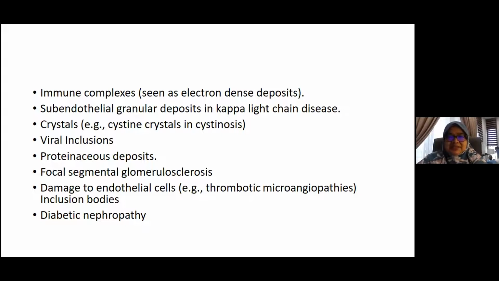We may just say there are some IgA deposits in, say, a focal sclerosing pattern. So IgA cannot be ruled out, and when we do electron microscopy, we may be able to see better.